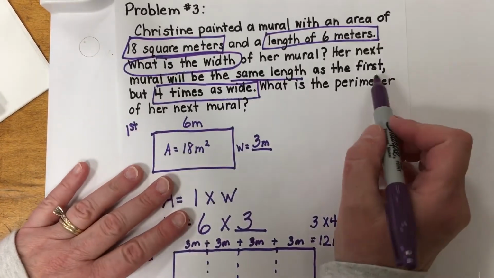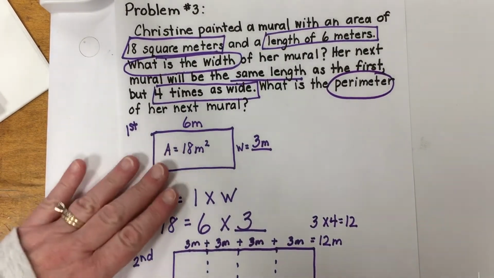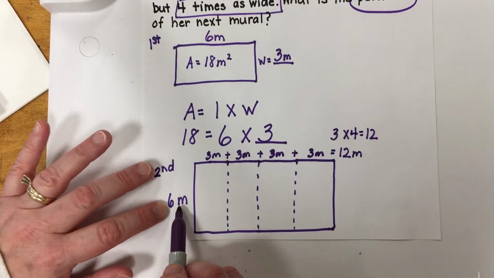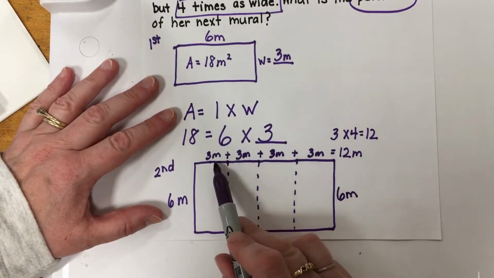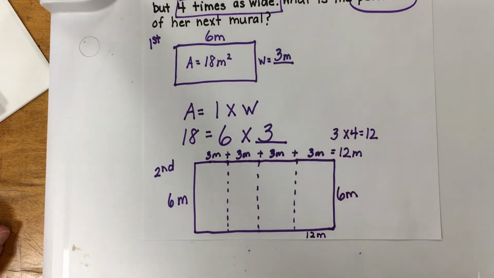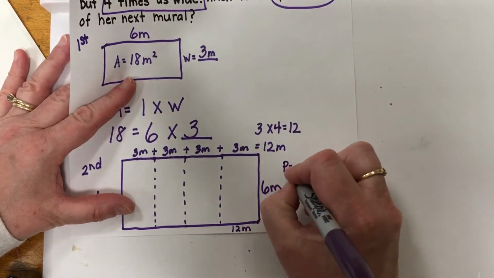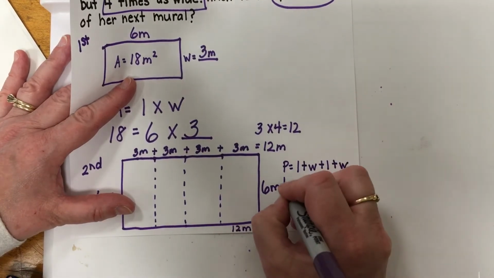Now the question wanted to know what is the perimeter of her next mural. Well, I come down here and I know if this side of the rectangle is 6 meters, this side is 6 meters. If this side of the rectangle is 12 meters, this side is 12 meters. And to find perimeter, remember it's surround the perimeter. I add up all the sides. P equals length plus width plus length plus width.